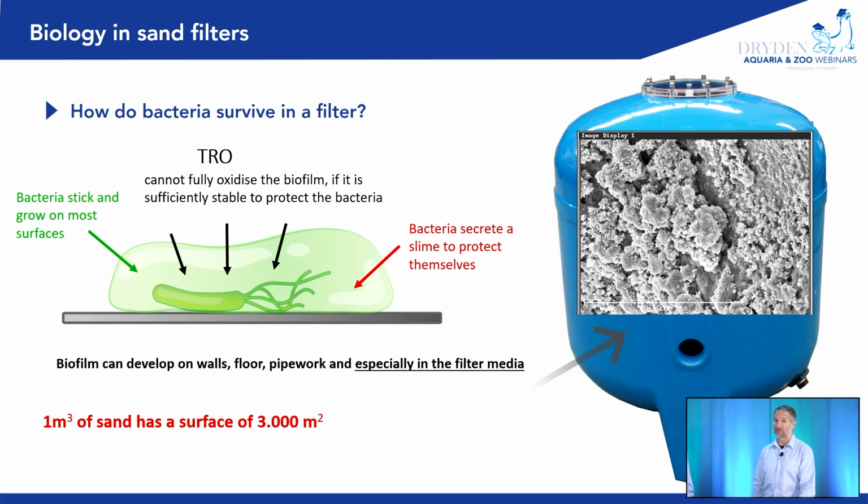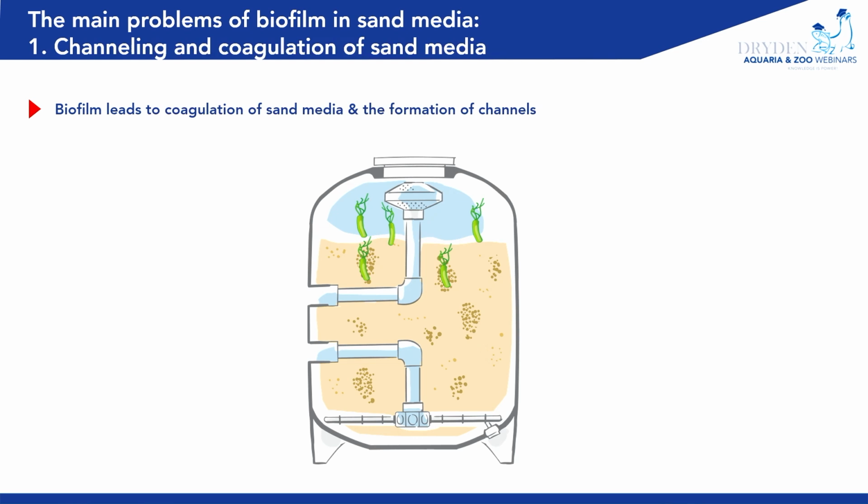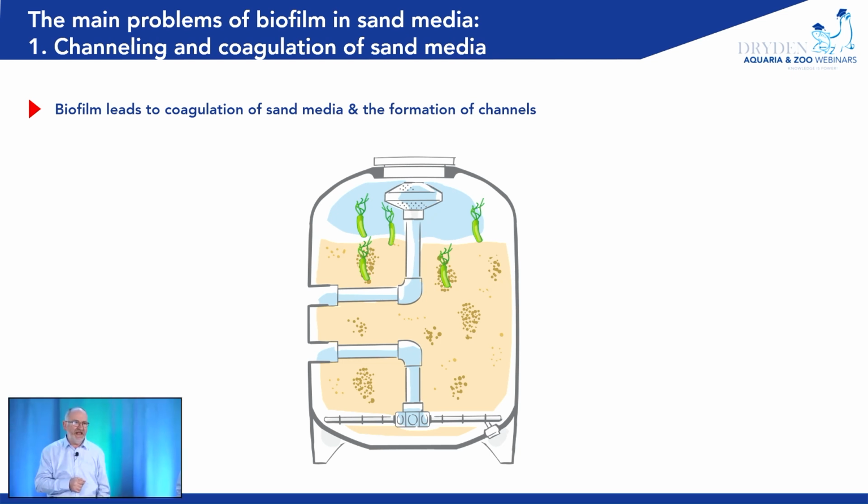If we're looking in fish systems particularly, then we're looking at how resistant they are to residual oxidants if you're using ozone in a system, and they become very resistant to any form of chemical attack. Now, biofilm will compromise the efficiency of mechanical filtration in any media filter.